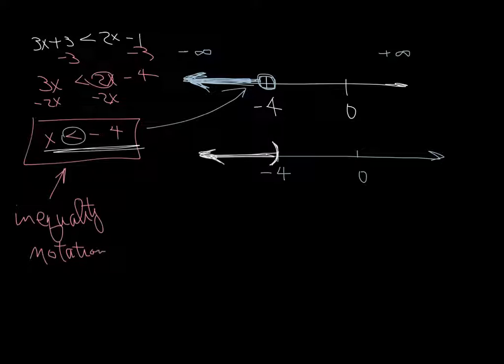So that kind of notation is called just graphing using parentheses or brackets. And that's how we're going to be doing most of our graphing from now on. Again, the only difference between this type of graphing and this is the round one means it doesn't include the negative 4, just like the open circle does not. The squared off, if that were like that, means it does include the negative 4.